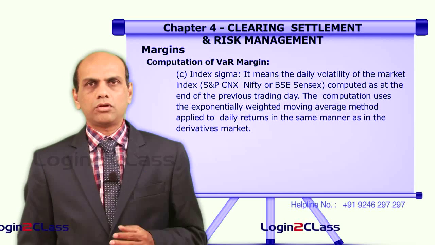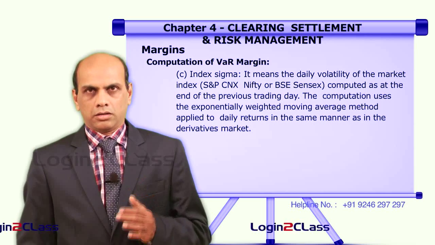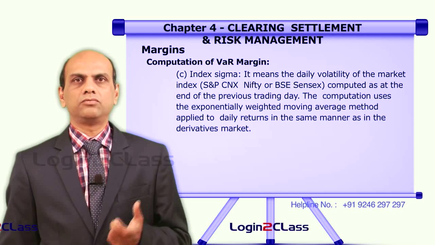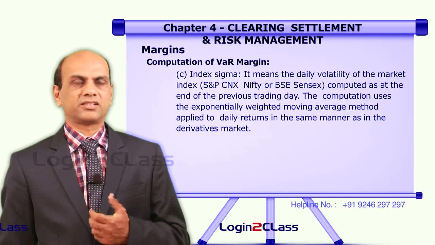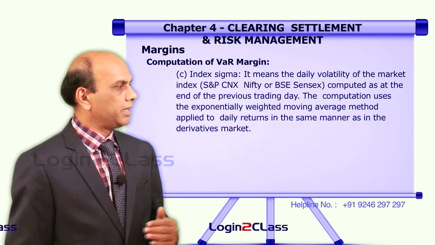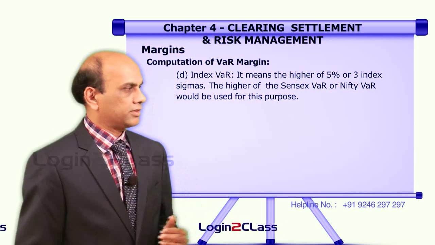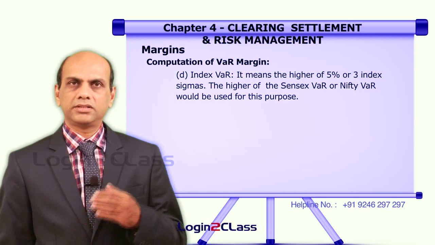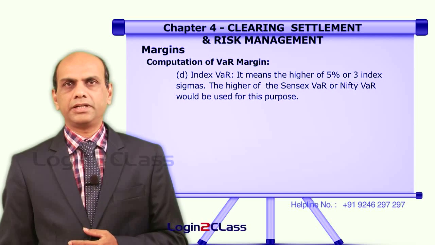Now, based on this index sigma, we can calculate what is the index VAR, that is value at risk margin. It uses the higher of 5% or this index sigma, that is the volatility as of previous day for the index.